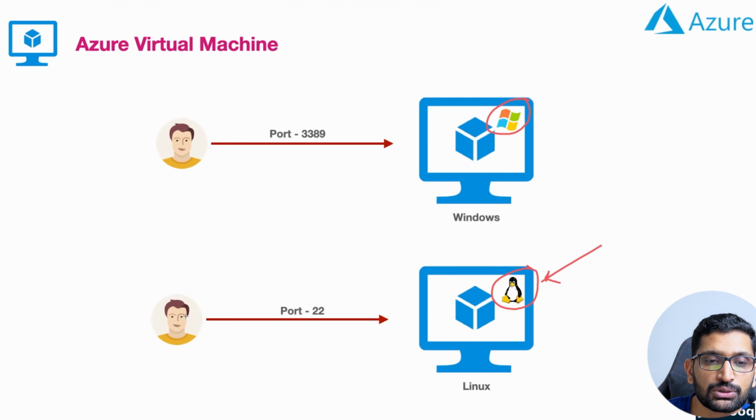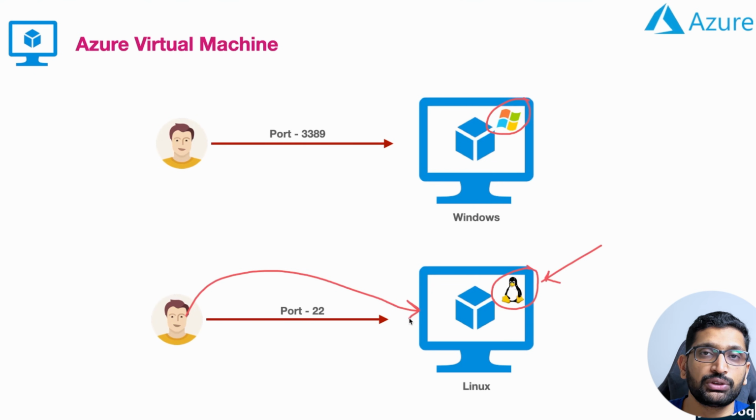If a user wants to access this particular virtual machine, which is our Linux virtual machine, then there should be a port which needs to be opened. And that port for Linux machines is 22. So this port needs to be enabled and open for that virtual machine. Otherwise, this user will not be able to log in to that virtual machine using the public IP.